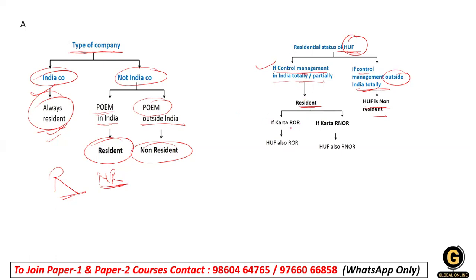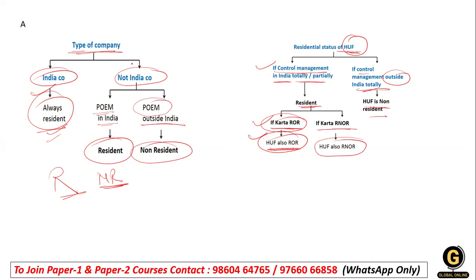But there is another thing: if the karta is ROR, that means resident and ordinarily resident, then the HUF is also ROR. Who is the karta? The karta is the prime member who handles the whole HUF. If the karta is ROR, the HUF is also ROR. If the karta is not ordinarily resident, the HUF is also resident but not ordinarily resident. In the case of a company, because it is an individual body, there is no resident and not ordinarily resident distinction.